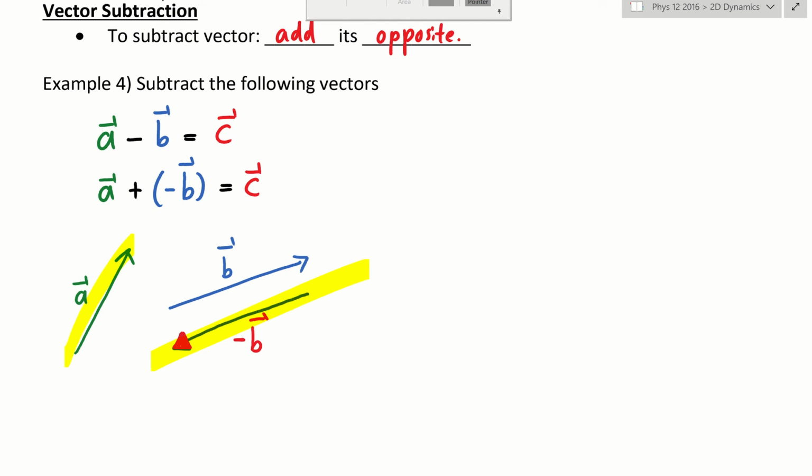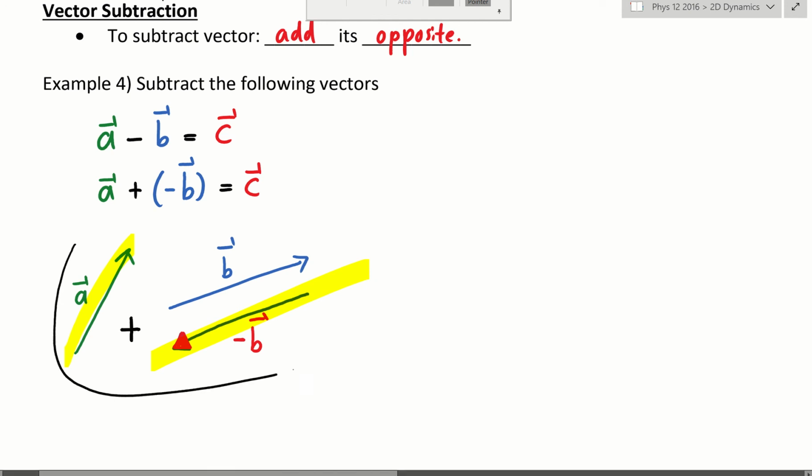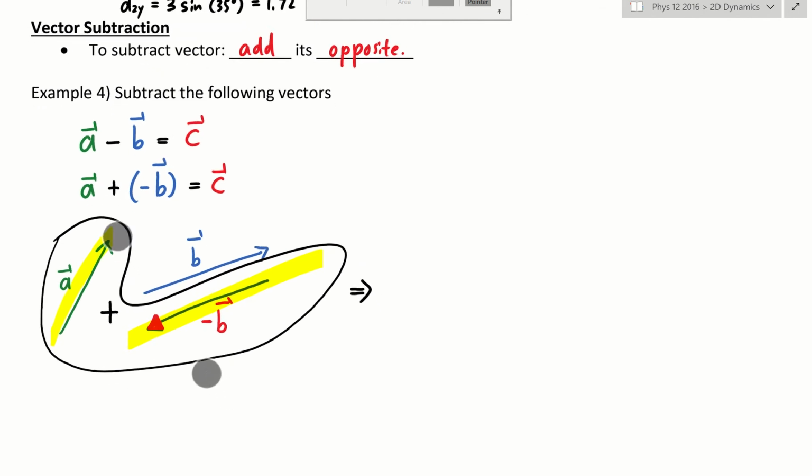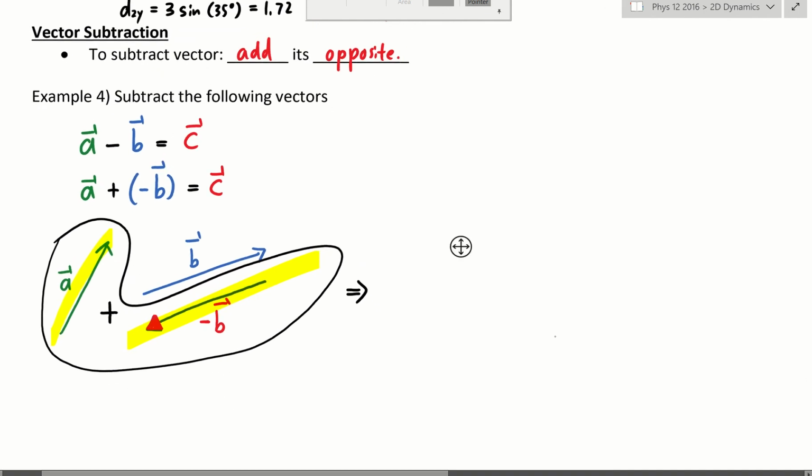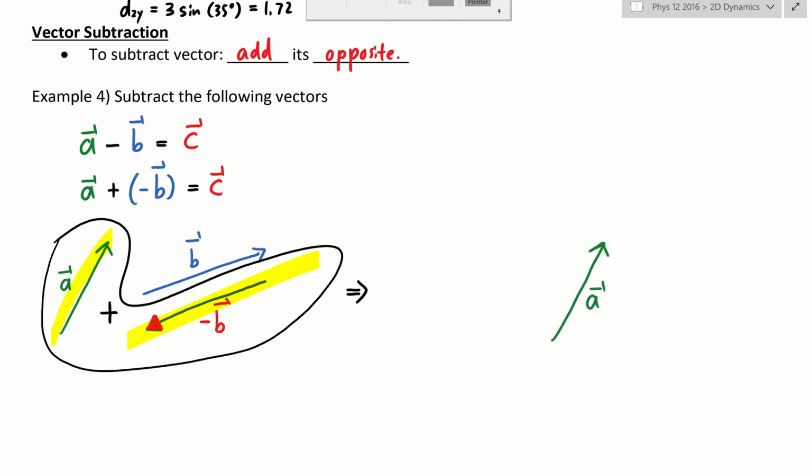Now, the picture is going to look a little different, so we're going to add these two, right? So we can ignore the first one. They're kind of pointing in a weird direction, so when you're actually doing this, you have to leave yourself some space. So vector A goes up, for example, like this is vector A. And then you take vector B reversed, and you draw it like here.